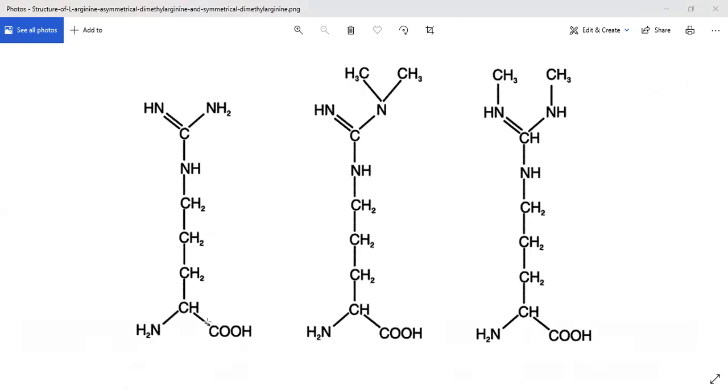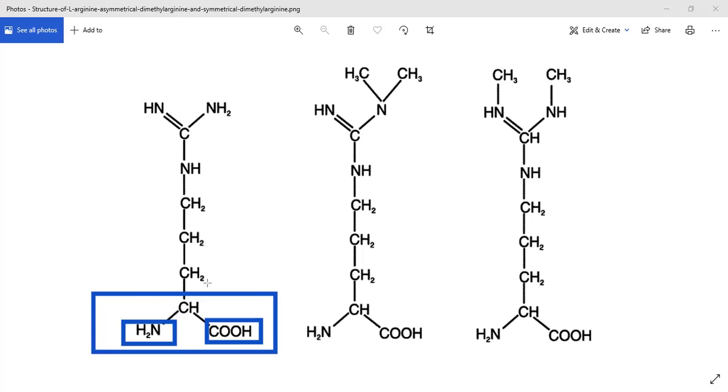What is this group? Carboxyl group. What is this group? Amino group. This whole thing is the backbone. Understood?